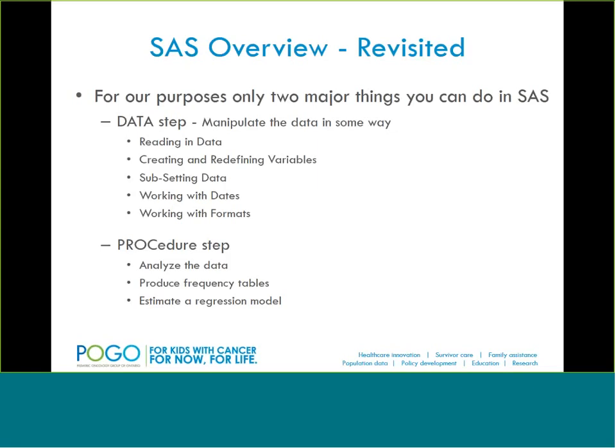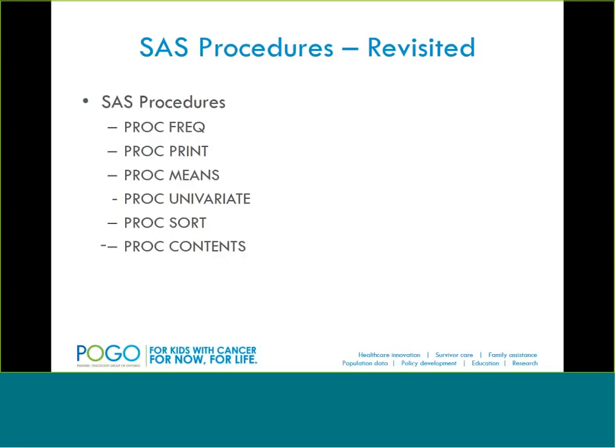When we're performing data cleaning, we use both data steps and procedure steps. And in our last lecture, Jason covered the different SAS procedures. So proc freq, print, means, univariate, and sort will be covered today, and there's also proc contents as well.